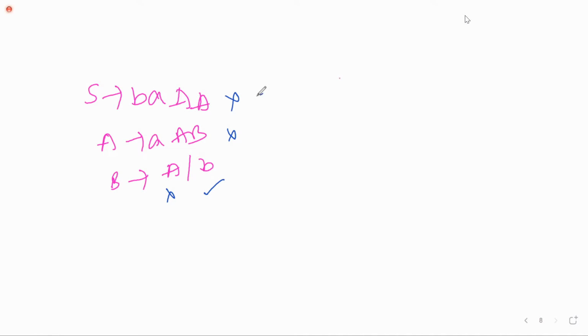First we'll think about the first production. Ma'am, S tends to XA. What? S tends to XA, ma'am, where X is BAA. Okay, XA you are telling.